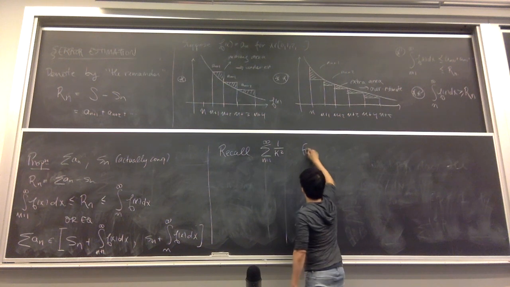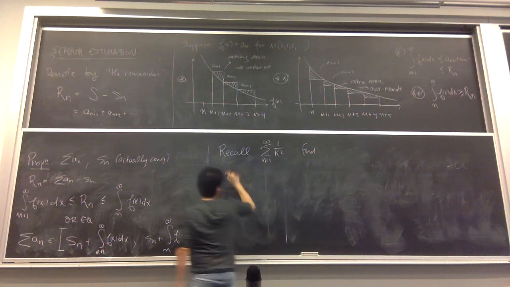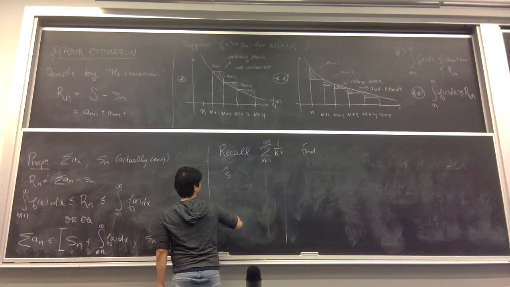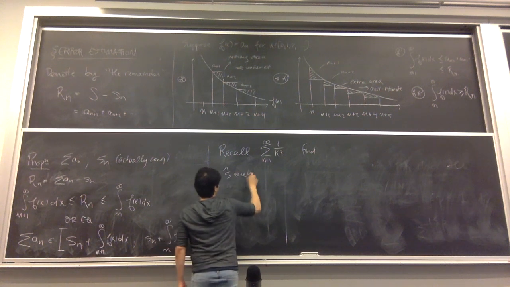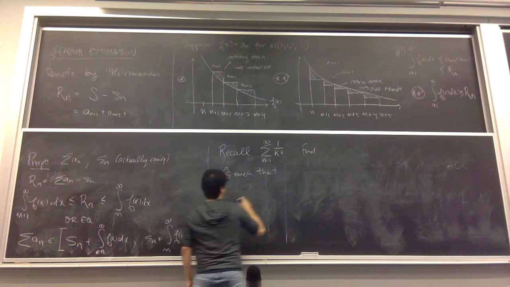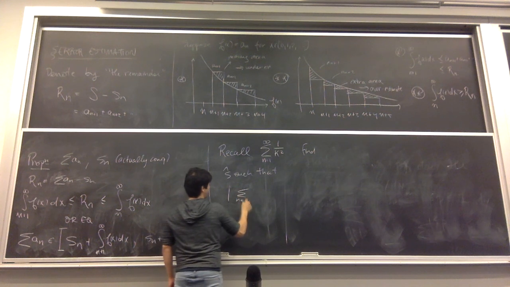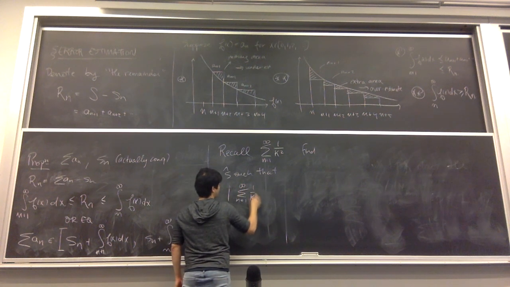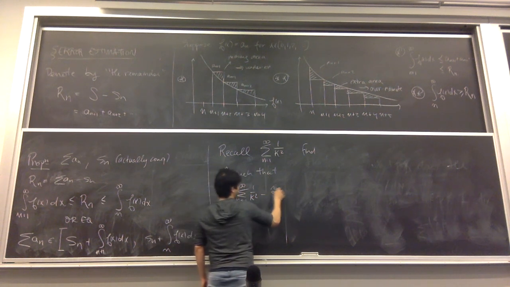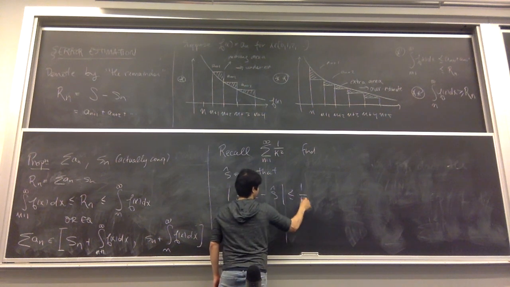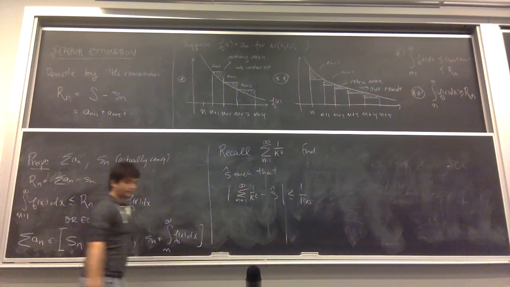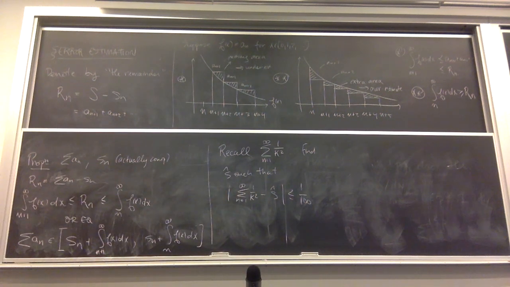And we're trying to find an approximation, S hat, such that the difference between this guy and our approximation is less than 1 over 100.